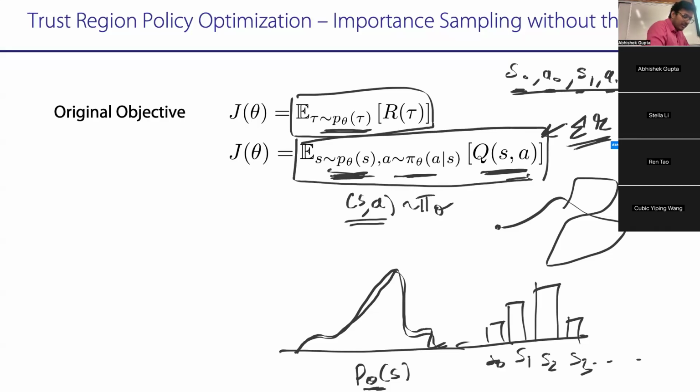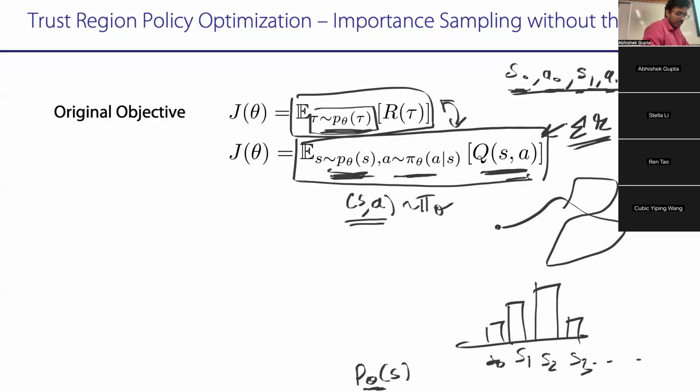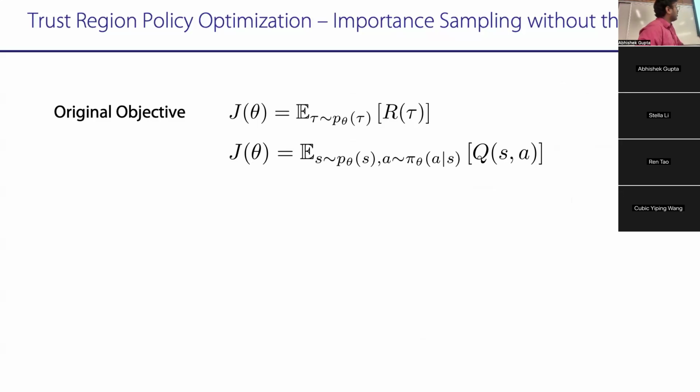So basically this objective and this objective are the same. It's just that you've changed the sampling from sequential sampling, step by step, to stationary distribution sampling, a histogram of the likelihood of getting to a state when you run the policy. So all we're doing is rewriting this objective because it's going to make our importance sampling easier. But these two are the same.